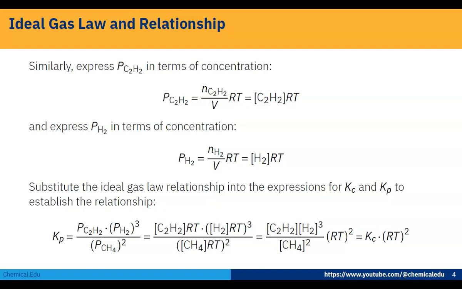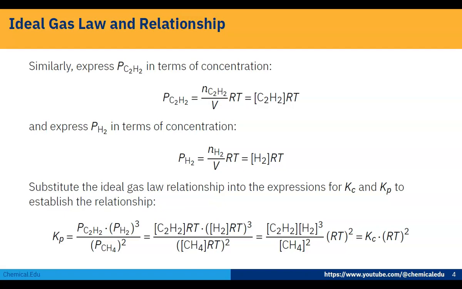So here Kp is nothing but the partial pressure of C2H2 times the partial pressure of hydrogen to the power 3, divided by the partial pressure of methane to the power 2. Now we have to put in all these partial pressure and concentration relationships, then we will get the concentrations and RT whole square, meaning we segregate the concentrations and RT. So we know that Kc is nothing but the concentration of C2H2 and hydrogen to the power 3 divided by CH4 to the power 2.